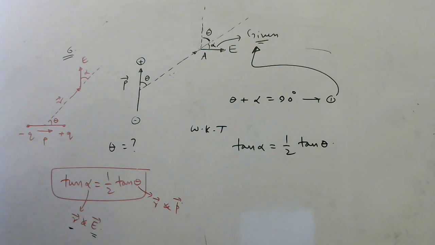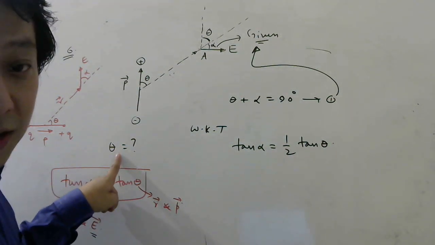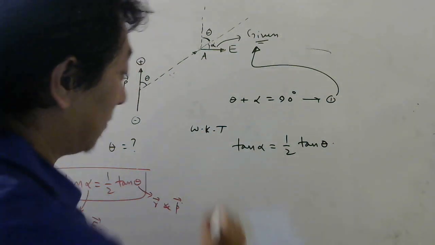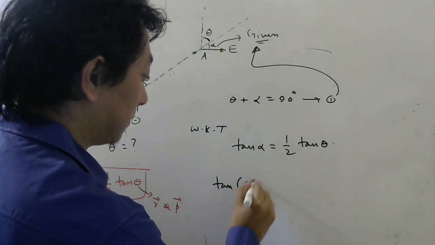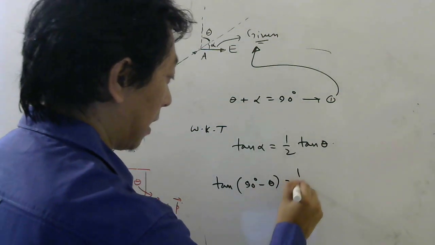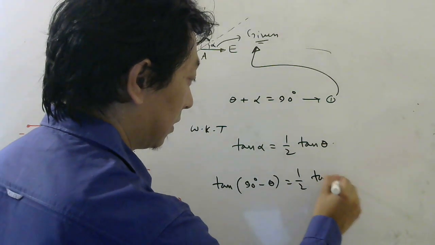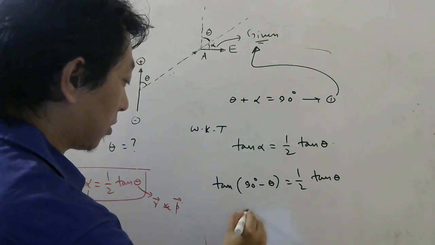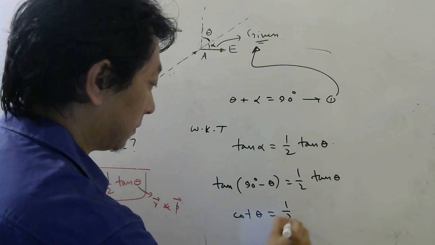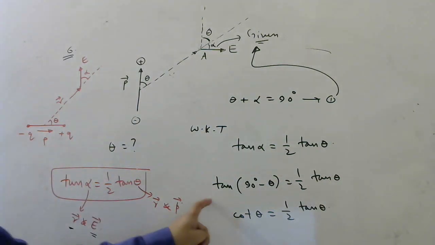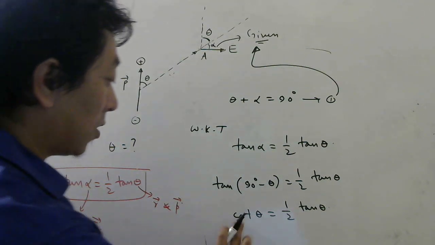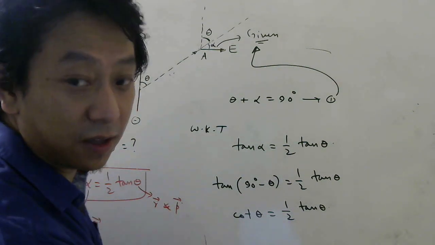Now you want alpha or theta? In the question, they want theta. So substitute for alpha. What is alpha from here? 90 minus theta. So tan of 90 minus theta equals half of tan theta. Magnitude only we are interested in. Tan of 90 minus theta is cot theta, and cot theta is 1 by tan theta.